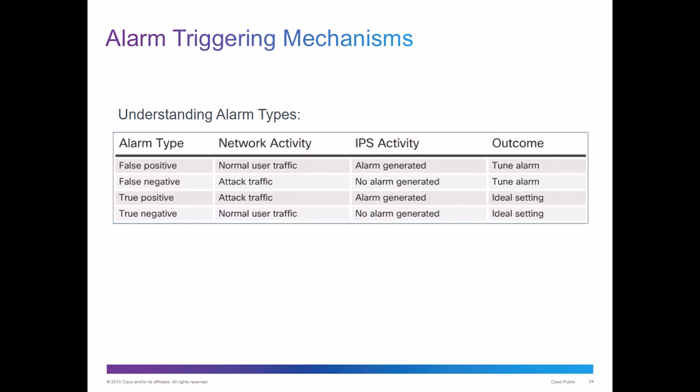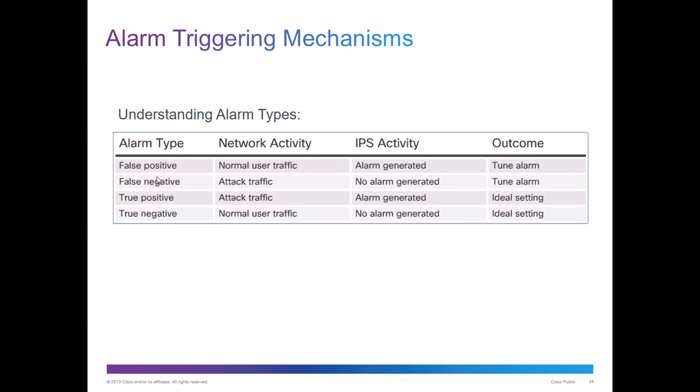True negative means that normal user traffic from the network was detected and passed through the IPS without being stopped, without an alert being generated. That's exactly how your IPS should behave.